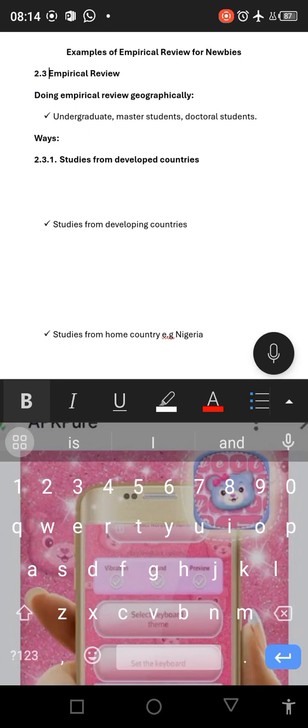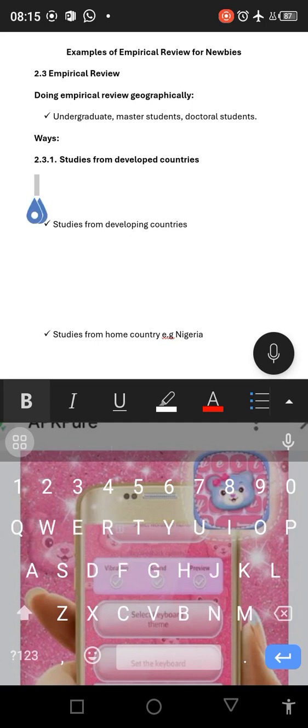The 0.3 means that's the third section of my chapter 2. Now, I want to review based on geographical review. And I'm starting with developed countries. You understand? So after this, we come to this 2.3.1. And this will be my heading, studies from developed countries.